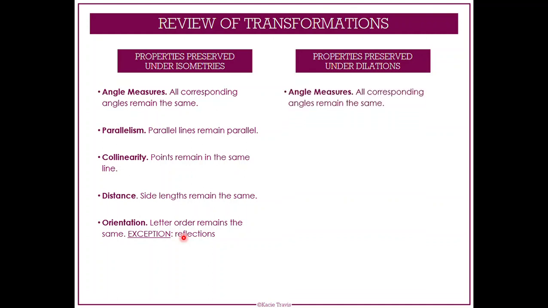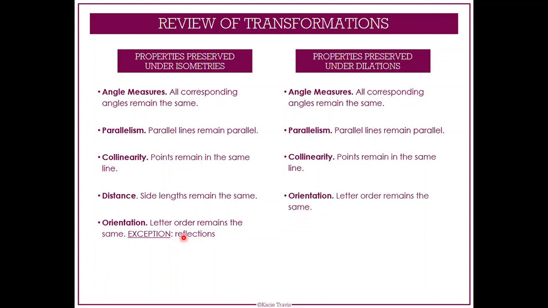Then over here, we got our angle measures. Our angle measures for dilations are going to stay the same. However, when we get down to distance, that's going to be where stuff starts to change. Now, distance is essentially talking about what size it is.